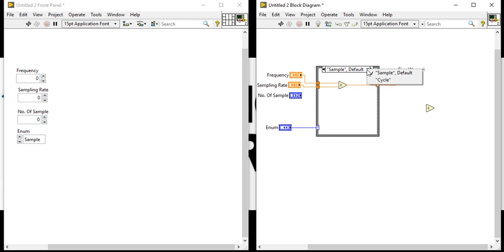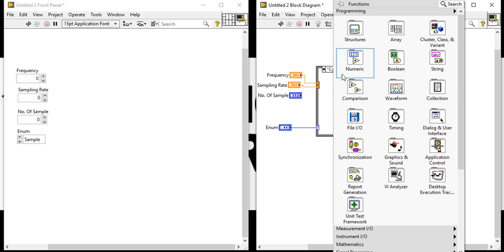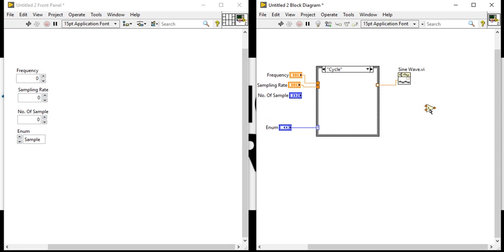Now come here into the cycle case. In the cycle case, we'll divide our frequency by the number of samples, and it will go into the sine. So in the sample condition, the frequency is divided by the sampling rate. In the cycle condition, the frequency is divided by the number of samples.